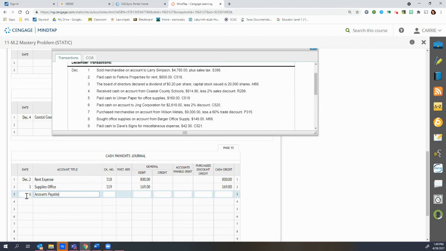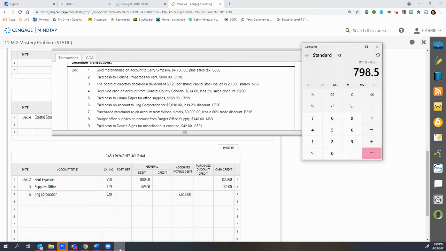I think this one you need to put the accounts payable, but we're going to make sure. Nope. Okay, you just are going to put the name. Gene Corporation. And it is check 520. And so we are going to take away our whole accounts payable amount of the 2618, and then the purchases discount is going to be that we get the discount now.